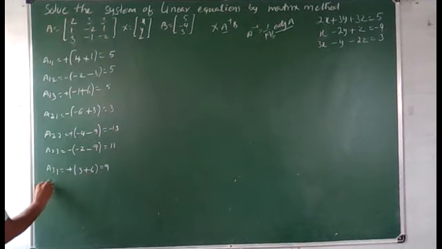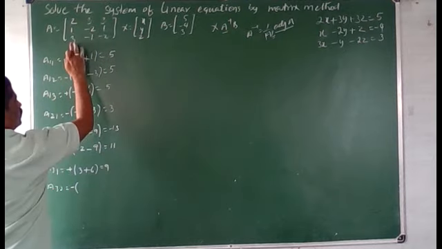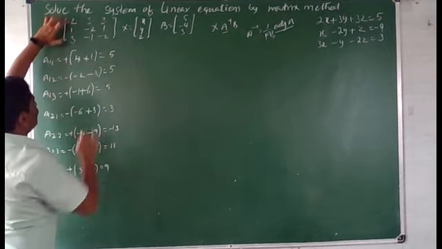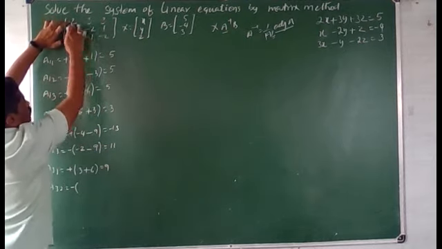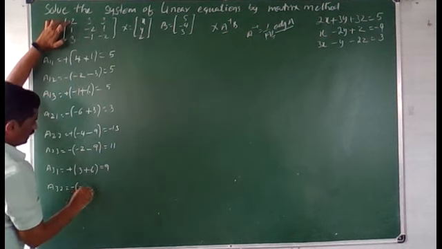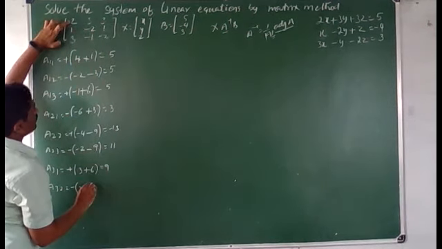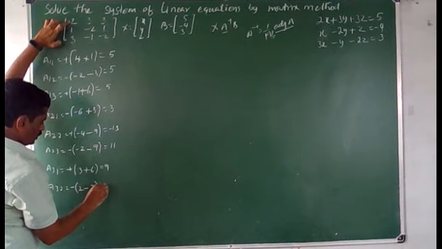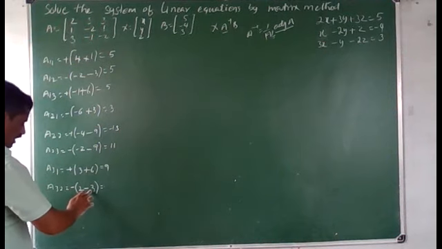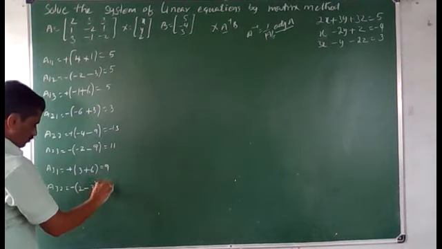Next, the cofactor of a32 is equal to minus half. Leaving this column and row, we have 2 3 1 1, 2 into 1, 2 minus 3 into 1, that is 3 again, that is equal to 1 minus 2 minus 3, we have minus 1, minus of minus plus 1.